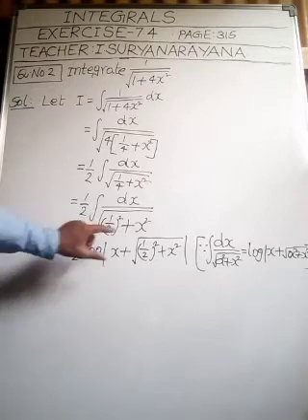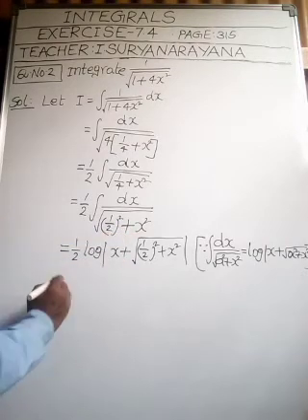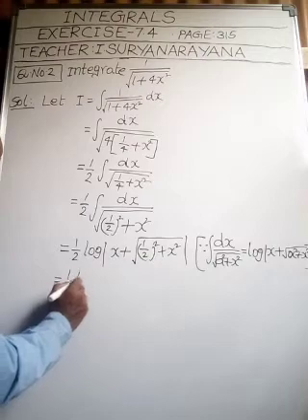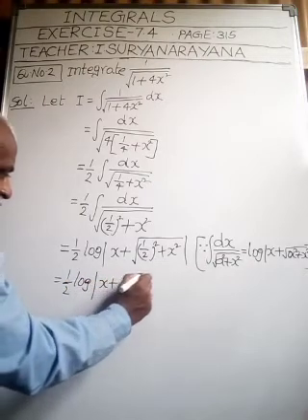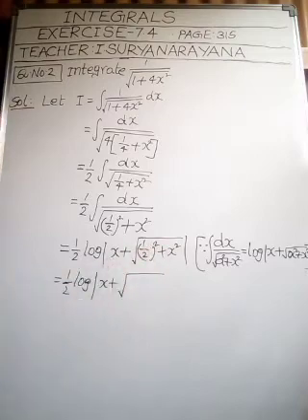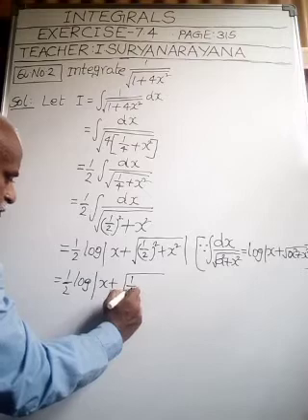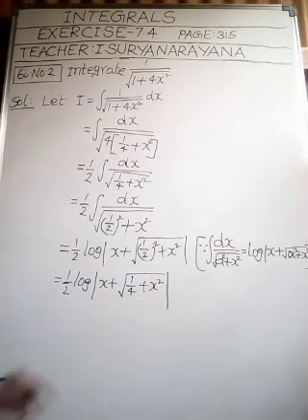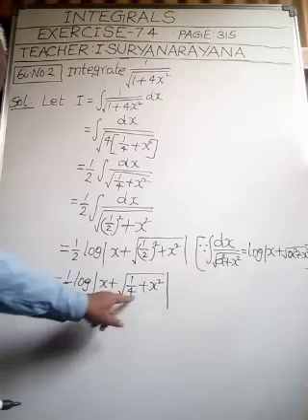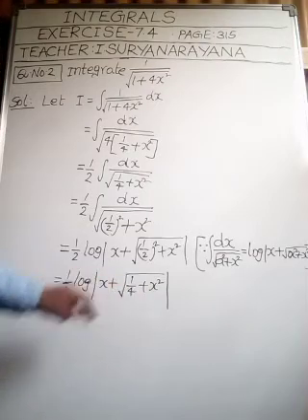Right. Now let us simplify this function. 1 by 2 log mod x plus, what will we get here? Square root of 1 by 4 plus x square. Understood this step, my children? Right. Again, if you take the LCM, what will you get?